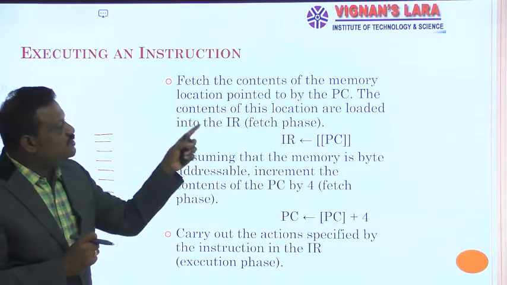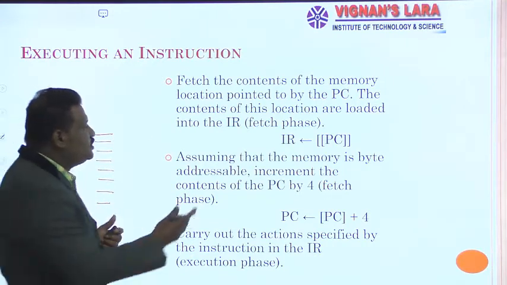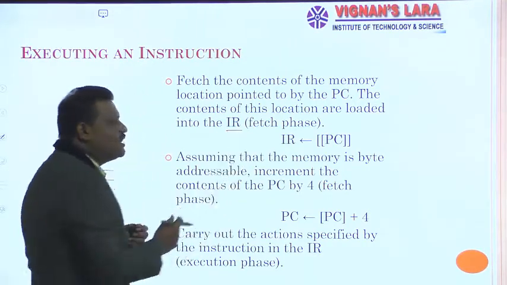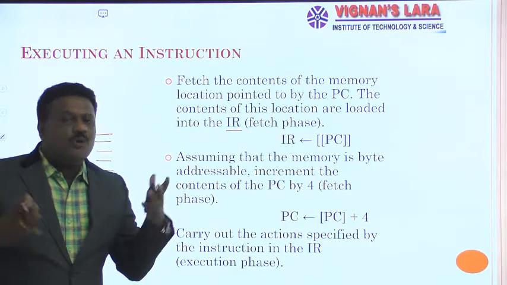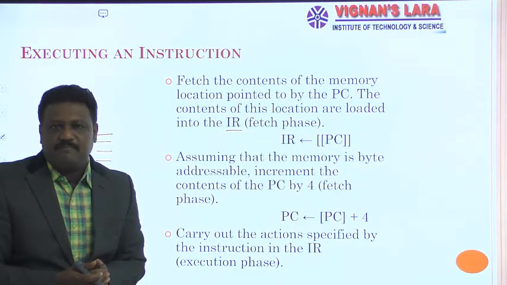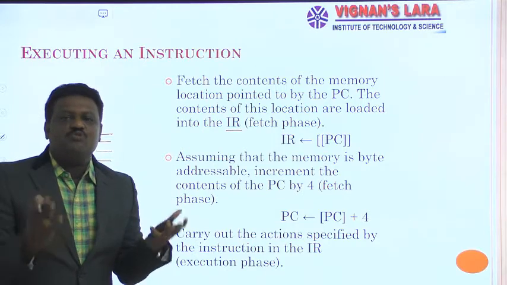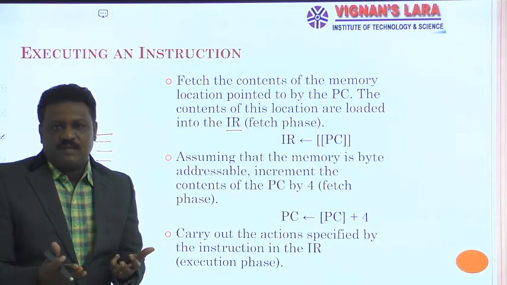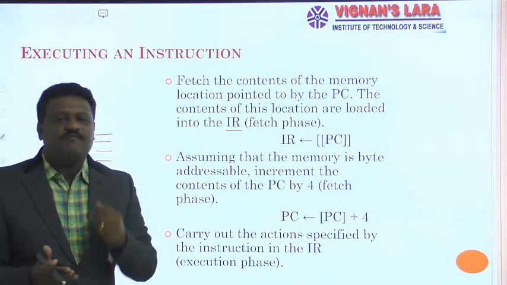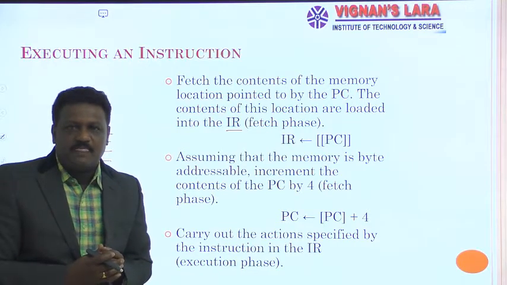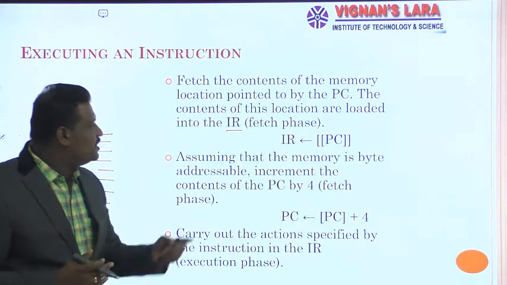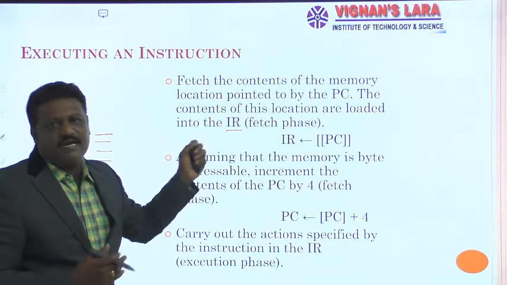The contents of this location are loaded into the instruction register IR. That means whatever address our PC points to, the memory location where I have an instruction, I can go and fetch the instruction from that PC pointed location. The fetched instruction is copied onto instruction register IR.